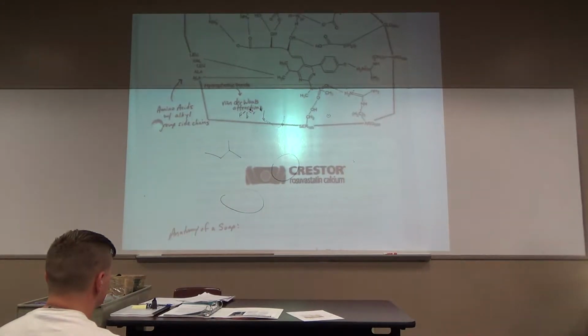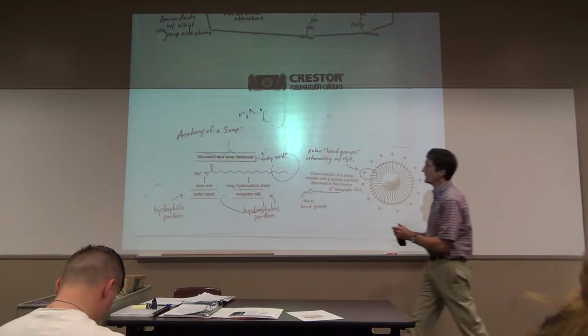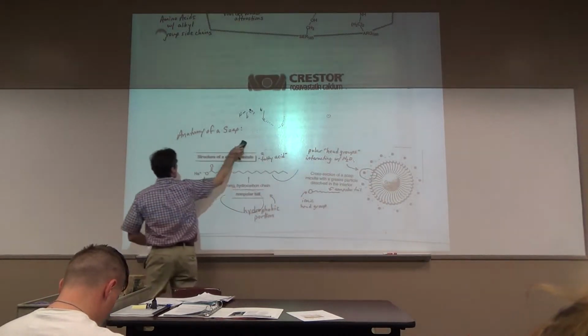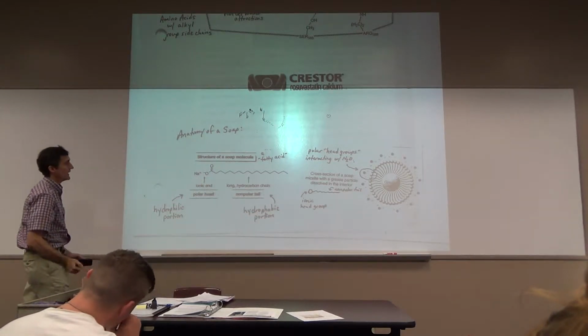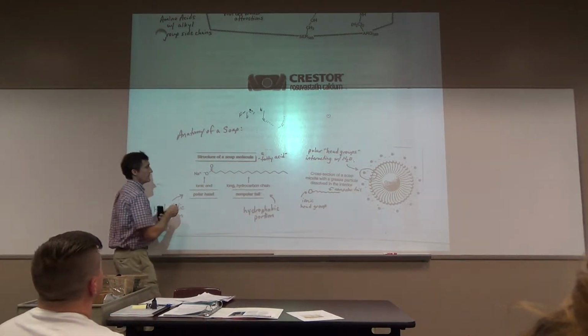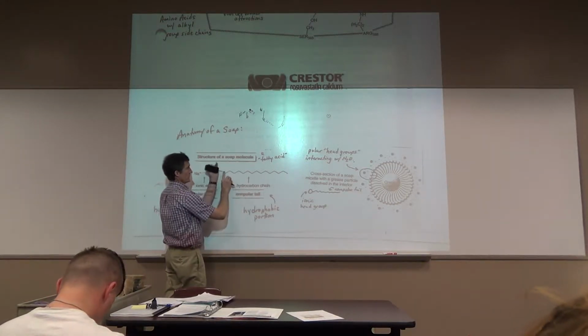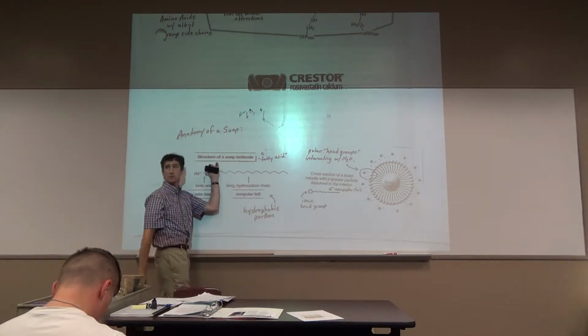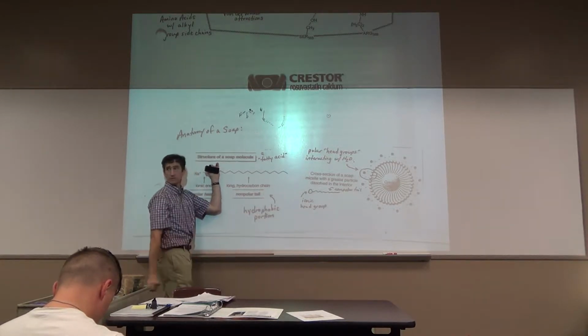Down below, what is that, anatomy of a soap? What is soap typically? Most common soaps are fatty acids. Long hydrocarbon chain, which is going to be nonpolar. See, all that's nonpolar, just hydrocarbons. And that's called the hydrophobic portion, water hating.